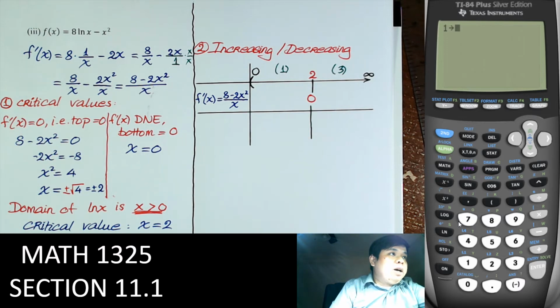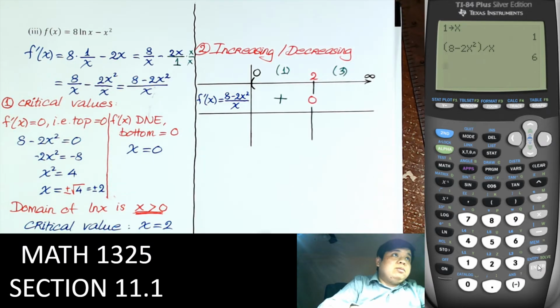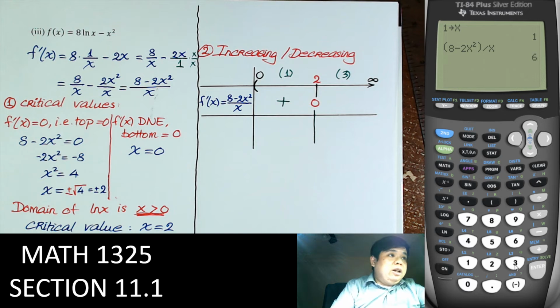Plugging in 1 for x, 8 minus 2x squared divided by x gives 6, which is positive. Plugging in 3 for x, the derivative is negative.